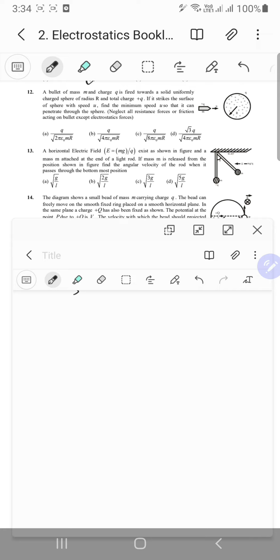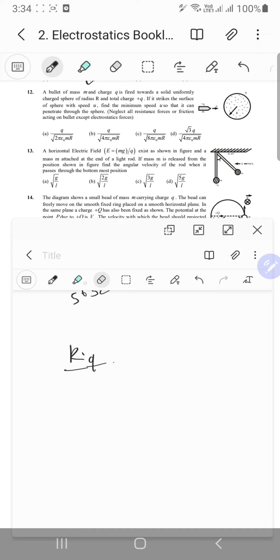Solid uniformly charged. Neglect all resistance force or friction acting on bullet except electrostatic force. Well, right, whatever. So we know it's supposed to be linearly related to radius. That's the force. Okay, so just do this thing. kQ upon capital R squared into, well, actually Q instead of Q I should have written q.